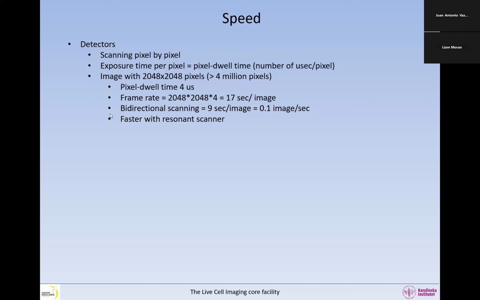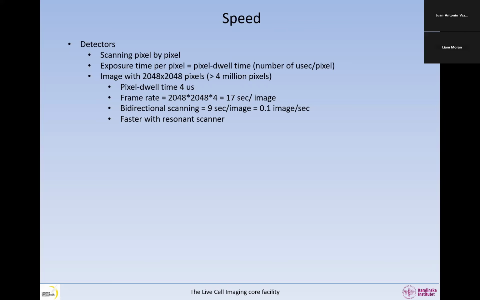If we go bidirectional, we image, and image again, whereas if we go unidirectional, we image, then we go back to the beginning of the line, and image. I remind you that in bidirectional, we can go double the speed, so we can go much faster, but we sometimes have misalignment issues, and we can correct for the alignment. There is always a tool to correct, but there's a limit to what it can do, let's say.